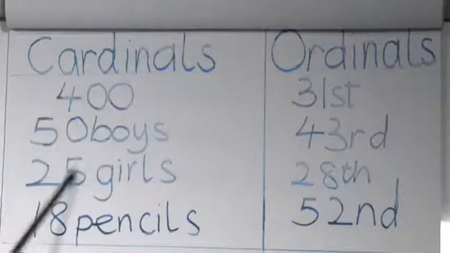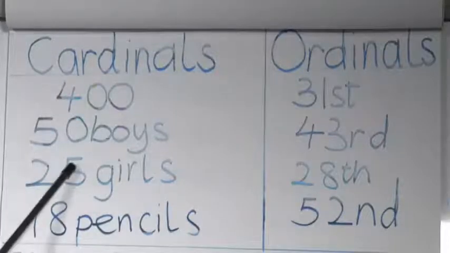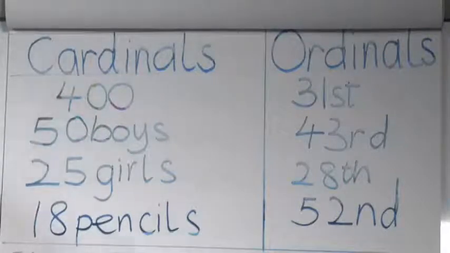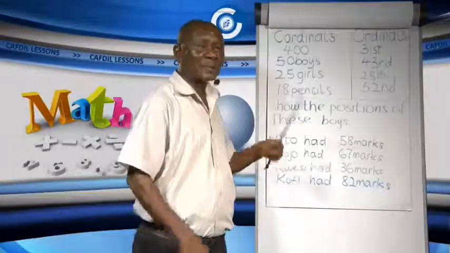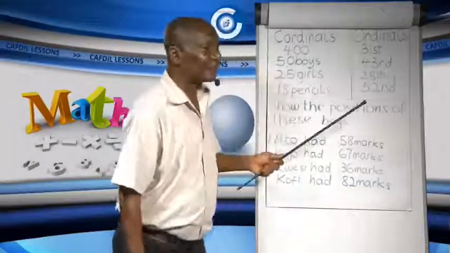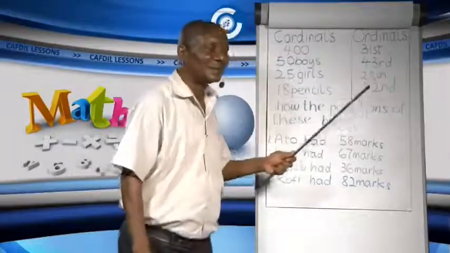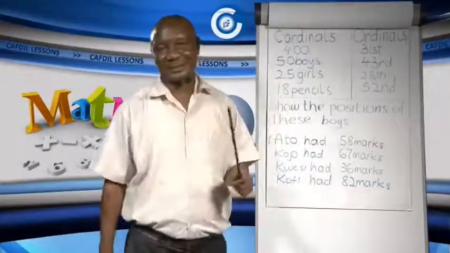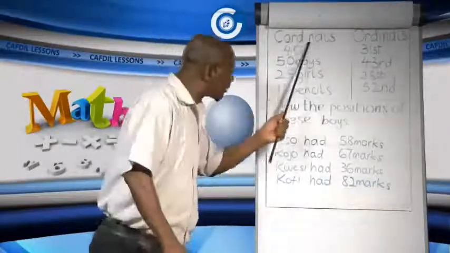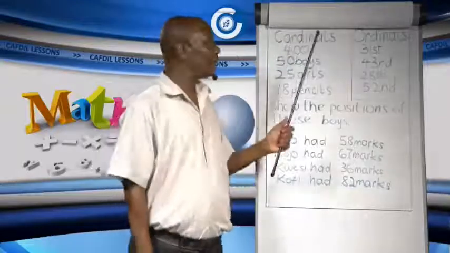All these are cardinal numbers. Why are they cardinal numbers? They are cardinal numbers because they don't have ST, ND, RD, and TH attached to any of the numbers here.